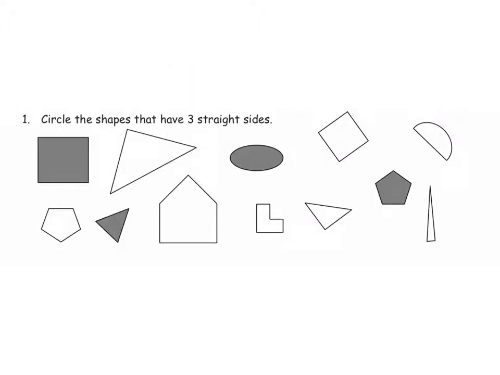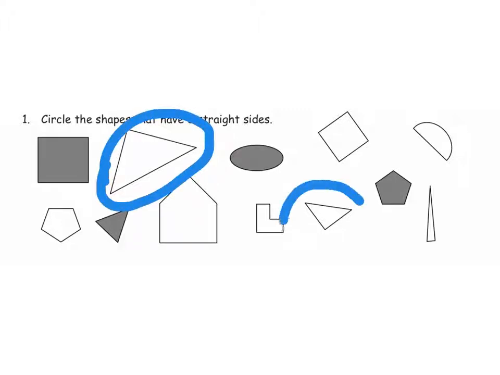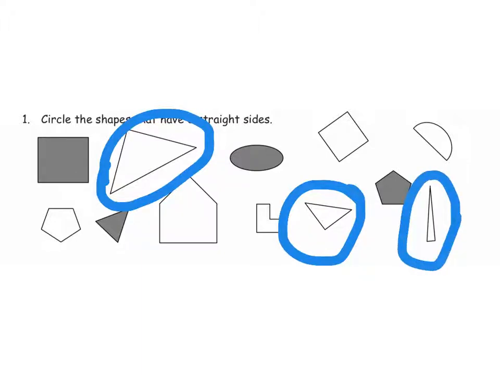Let's look at this example. The directions say circle the shapes that have 3 straight sides. By following the directions, we are going to put a circle around this shape, and this shape.